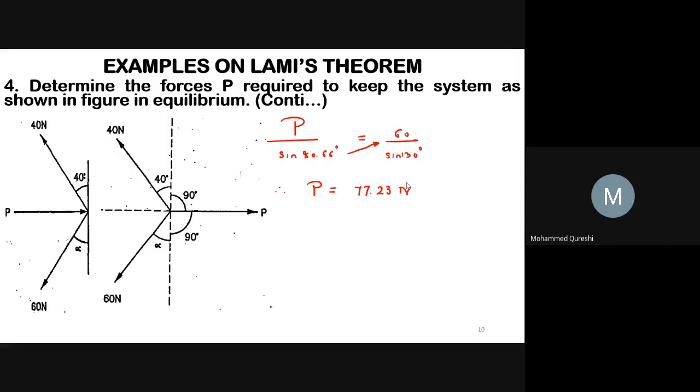Now, generally there are three types of equilibrium. First is stable equilibrium, second is unstable equilibrium, and third is neutral equilibrium. So, what is stable equilibrium? Suppose this is your surface and this is your object.